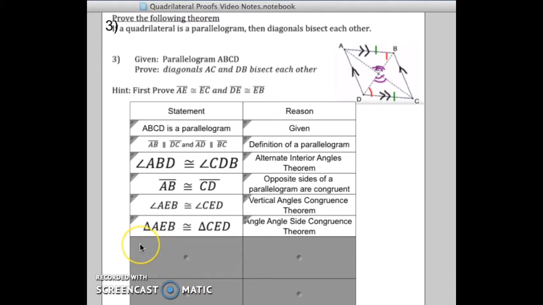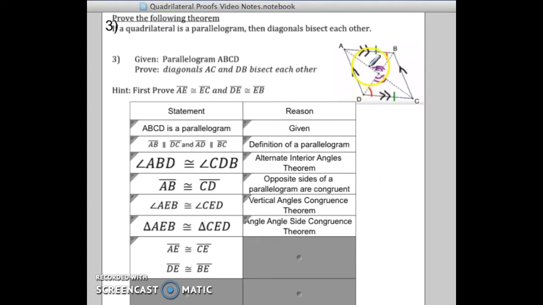Now, if I've got congruent triangles, then I can match up some corresponding parts. Notice segment AE is congruent to segment CE. Notice they're in the same location there. Also notice that DE is congruent to BE. Those are corresponding parts as well.